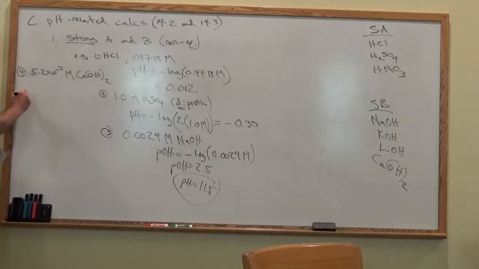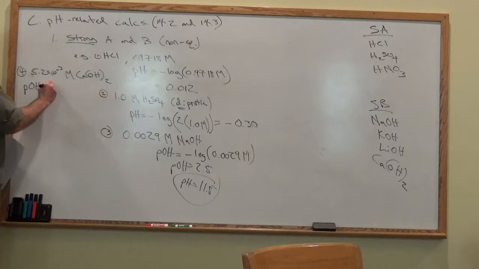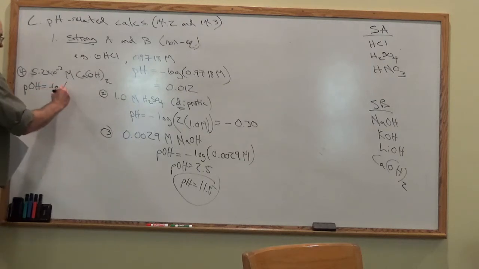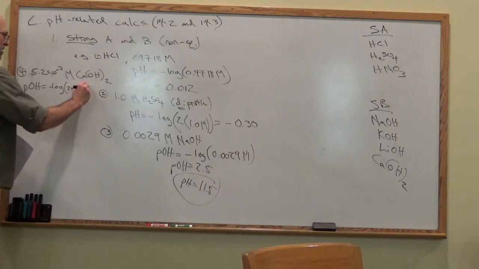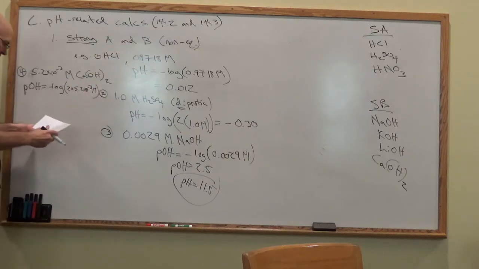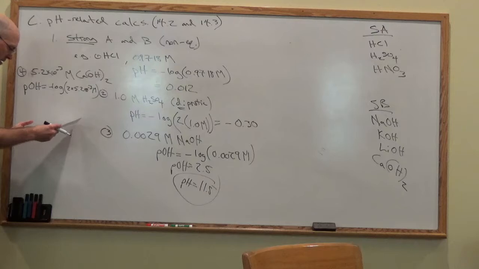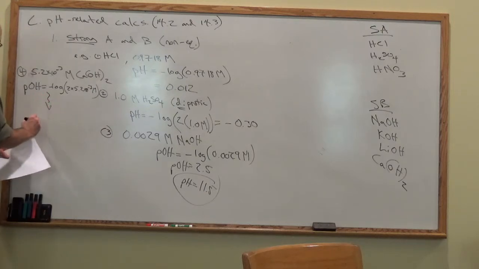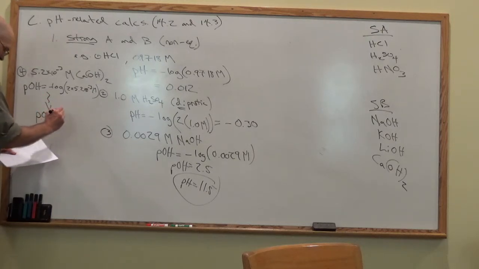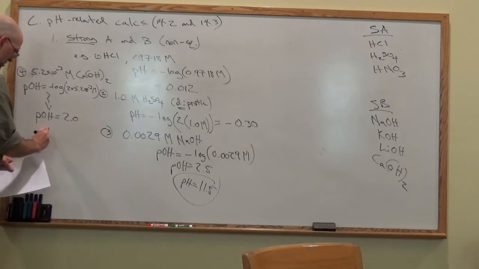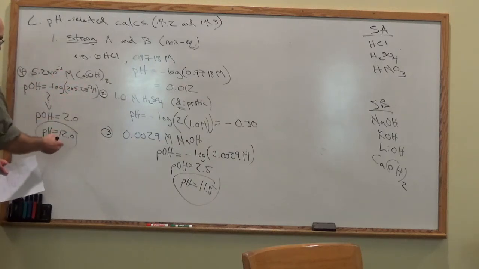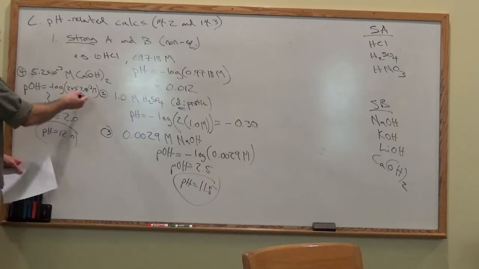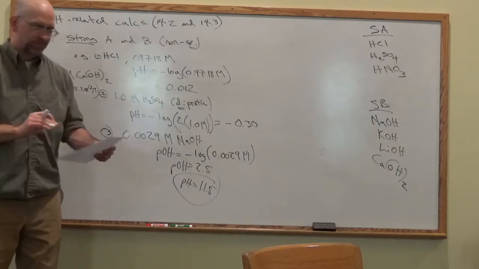If you want to do the pOH, it's the minus log of 2 times 5.2 times 10 to the minus third molar. Sorry, that's really sloppy, but you get the idea. Again, it should be basic, which it is. So just make sure you take that into account.